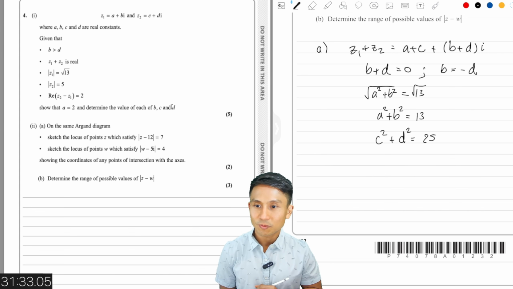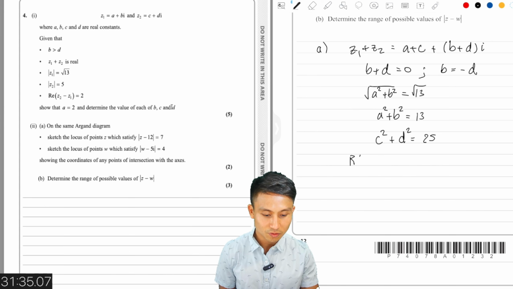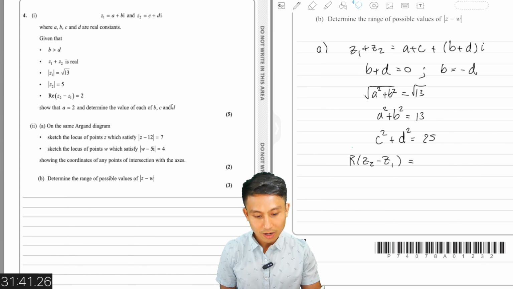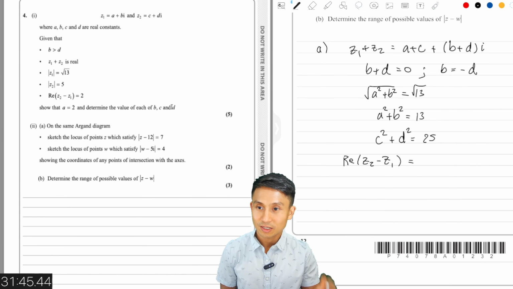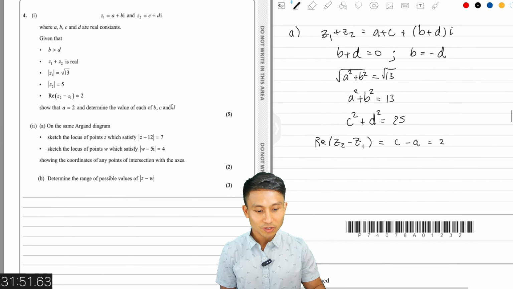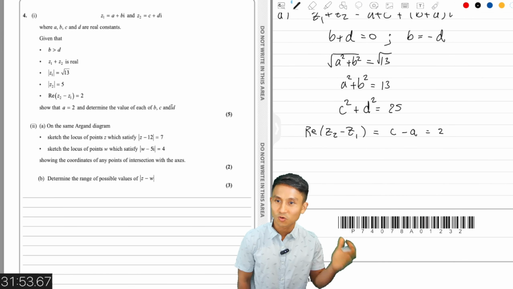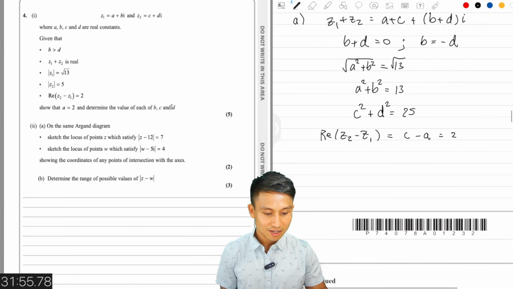And then the real part of Z1 minus Z2. Let's do Z2 minus Z1, sorry. We can do the real part minus the real part. Z2 is C, Z1 is A, equals 2. So we get a bunch of information here, and we want to solve all of the simultaneous equations.